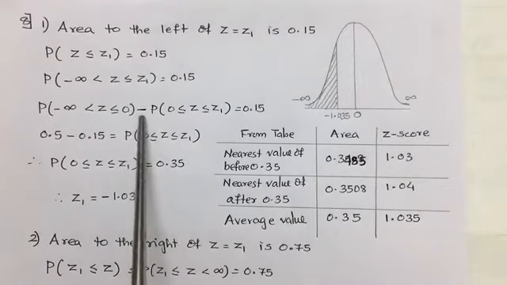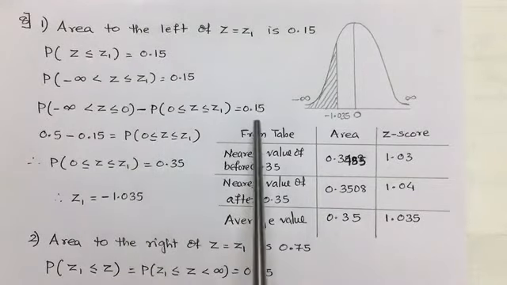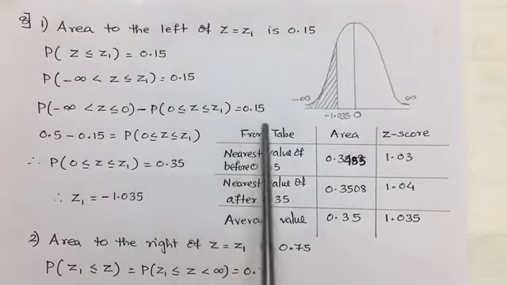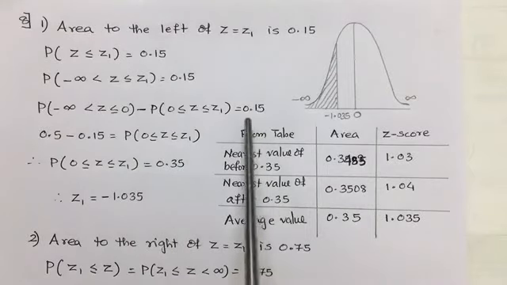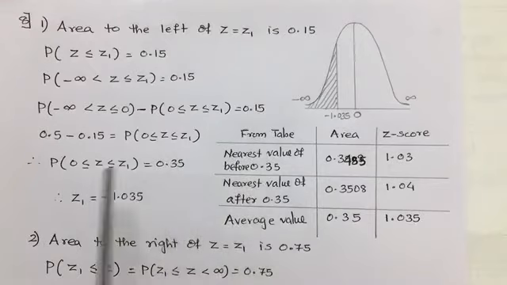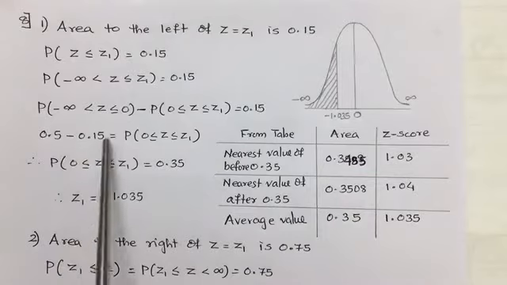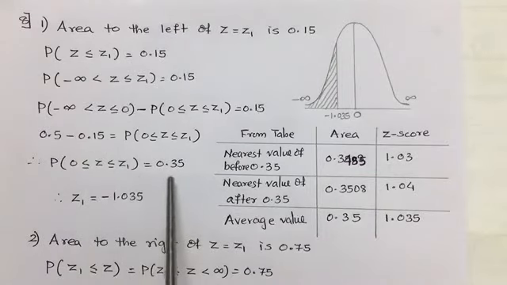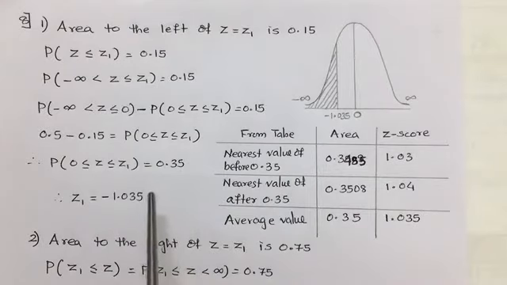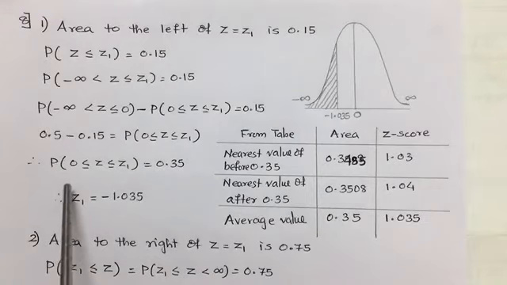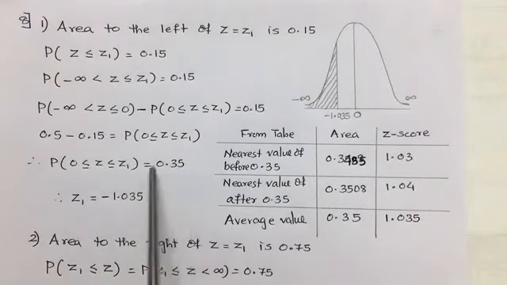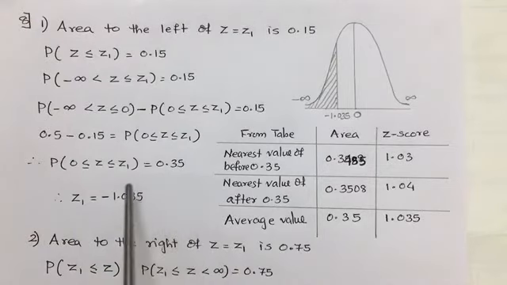Keeping a minus sign in between, as 0.15 is less than 0.5, we get 0.15. Shifting it, we get 0.5 minus 0.15, which is 0.35. So from 0 to Z1 the probability is 0.35 and the Z1 value is to be calculated.